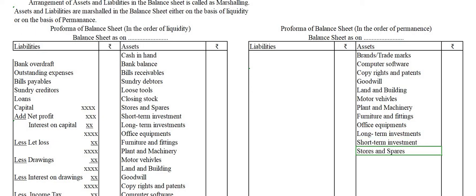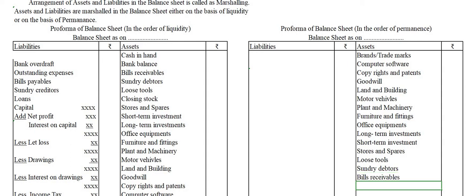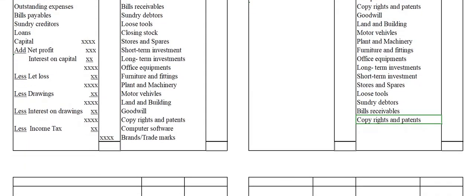Then after that loose tools can be written. Then comes sundry debtors, then bills receivable, then copyright and patents, then bank balance and cash in hand.